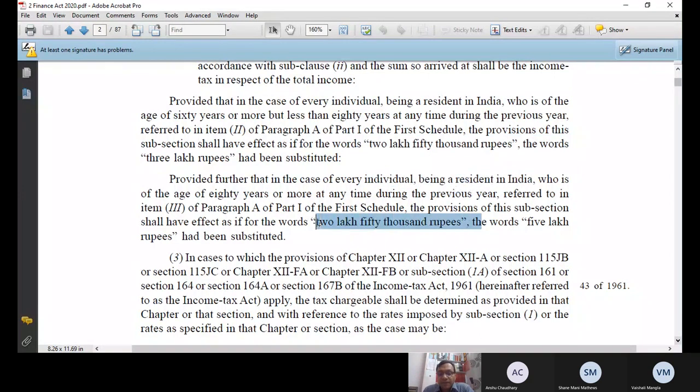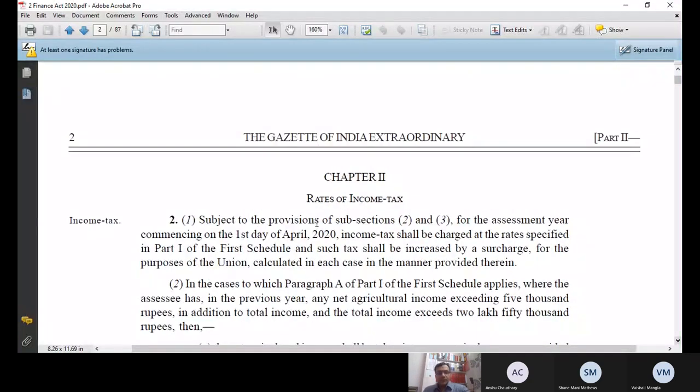That is why I was saying that this 2 lakh is not stagnant. It will change as per the residential status of the assessee. That's it. It's over now. This is the entire agricultural income taxability. Now I will solve the examples. Let me solve some examples for you.